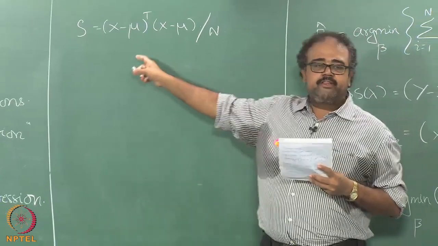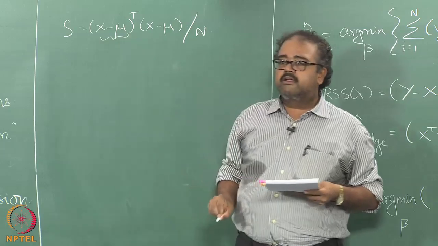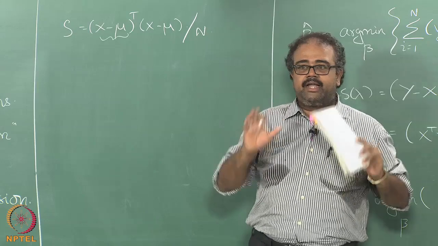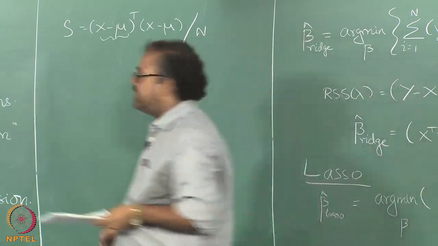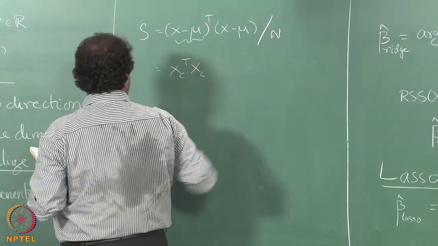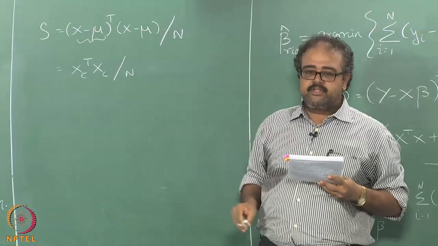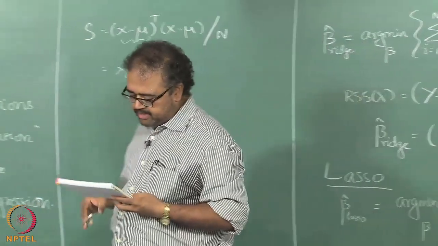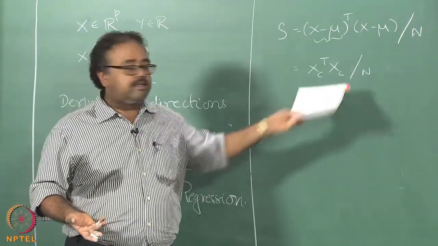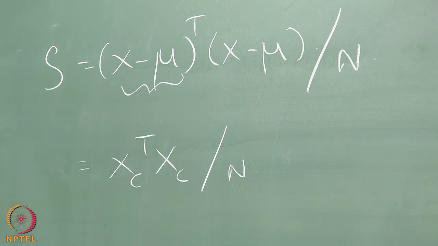If you think of whatever we have been doing so far, this is centered. So I take the centered data, then this becomes this. Then what I do is I find the eigen decomposition of the covariance matrix.